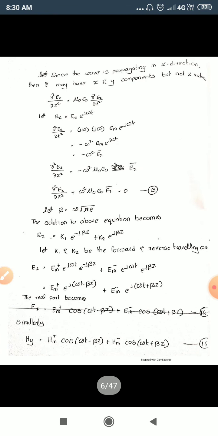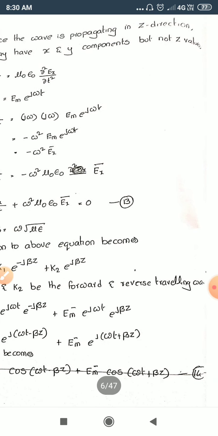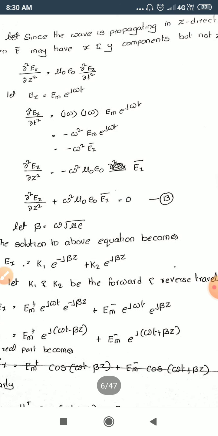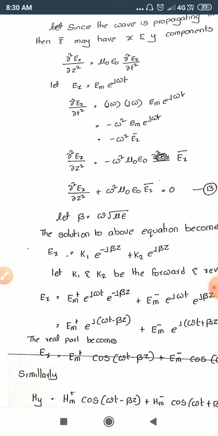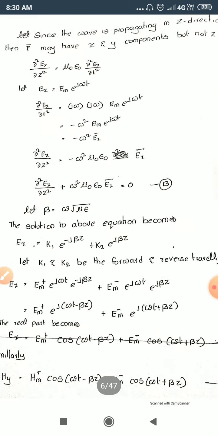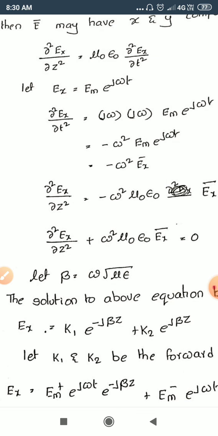Now since the wave is propagating along z direction, E may have x components but not a z component. As I told, for a uniform plane wave, if the wave is propagating along z direction, the z component will be equal to 0. So dou square Ex by dou z square equal to mu naught epsilon naught dou square Ex by dou t square.